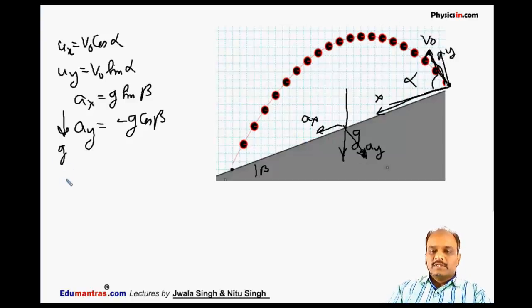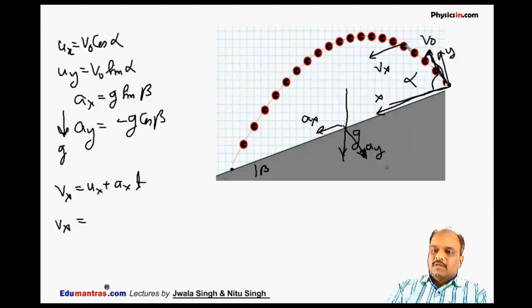In the same way, Vx is equal to ux plus ax into t, where Vx means the velocity of the particle along the x-axis at any time t. This is our Vx, this is our Vy at any time t.